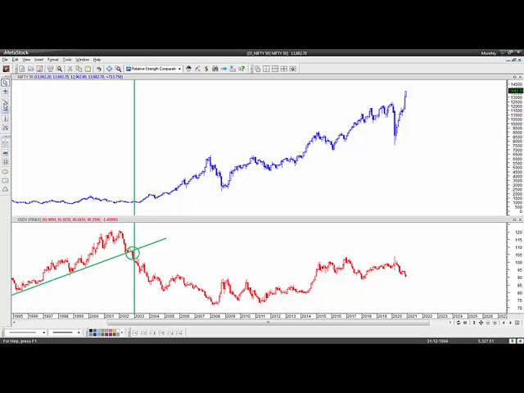But the major momentum started when it broke below this low. Now why is this low very, very important? Because this low coincides with the 1999-2000 bull market peak. So this is the most critical price point, which is where the momentum went crazy.